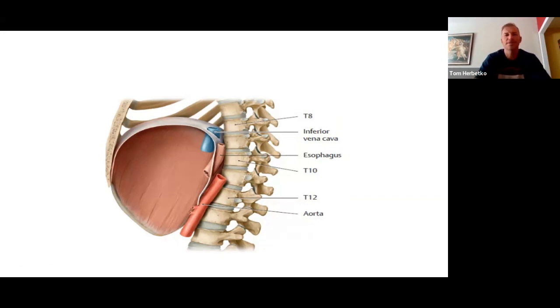So the thoracic duct, the cisterna chyli, kind of collects all of the lymphatic system from the small intestine, the digestive system, and also the lower legs, and brings it through the diaphragm all the way to where it goes to the left subclavian vein, where it gets processed, and some of it goes back into the circulation.